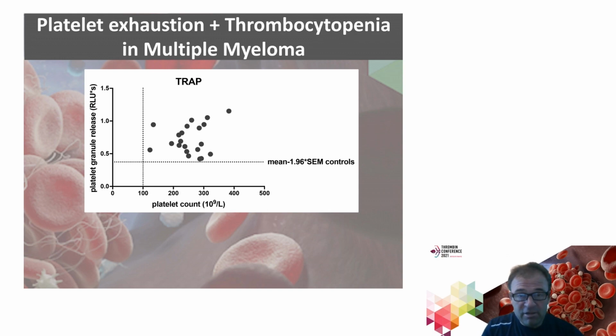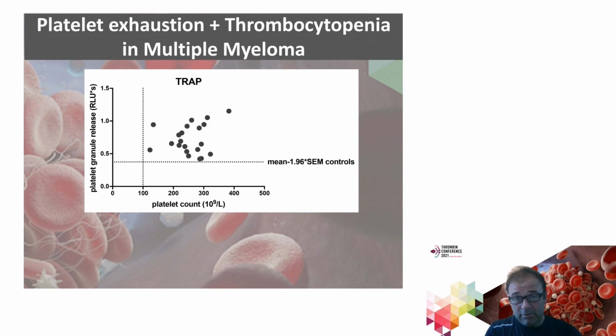If you fall below this horizontal line, then you are defined as having exhausted platelets. The vertical dotted line is the line for the platelet counts. If you are below 100, then you are defined as thrombocytopenia, and if you are higher than 100, then you are defined as normal platelet count.